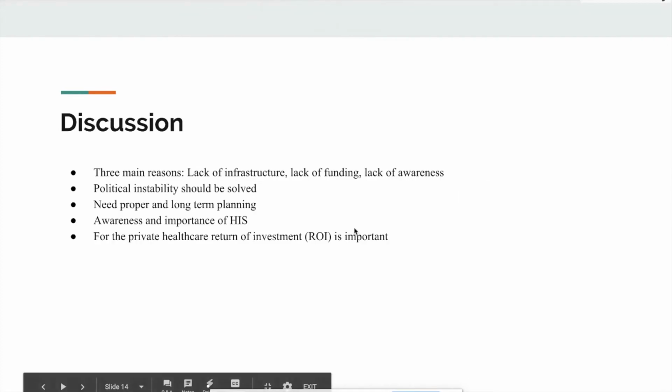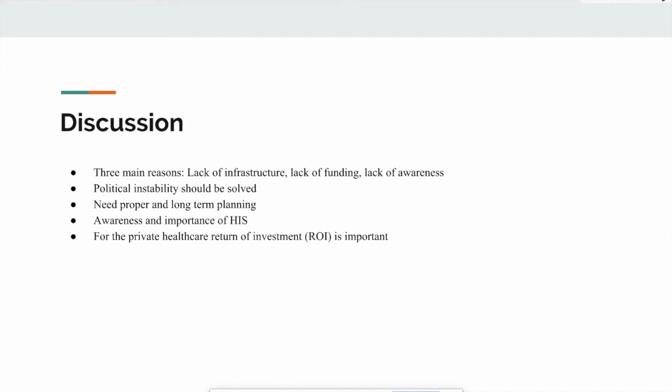Discussion. After analyzing the results, I can say that successful health information system implementation in developing countries seems to be harder than people expect. There are three main reasons: lack of infrastructure, lack of funding, and lack of awareness.